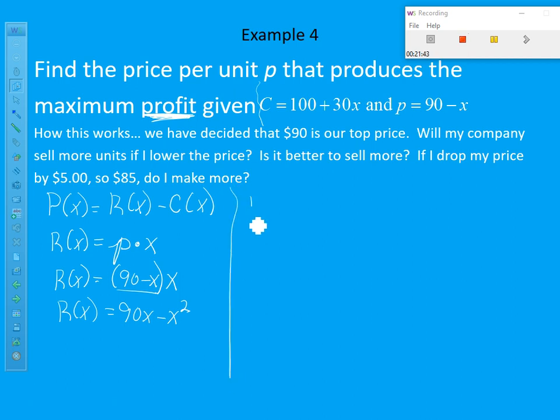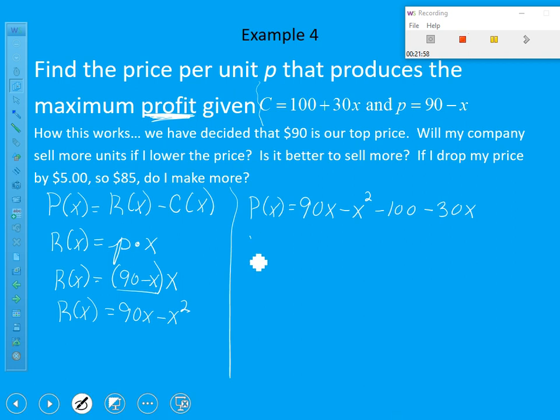My profit equation is going to be my revenue equation, 90X minus X squared, minus my cost. So minus 100 minus 30X. I'm going to simplify this profit equation, and it looks like I've got negative X squared plus 60X minus 100.